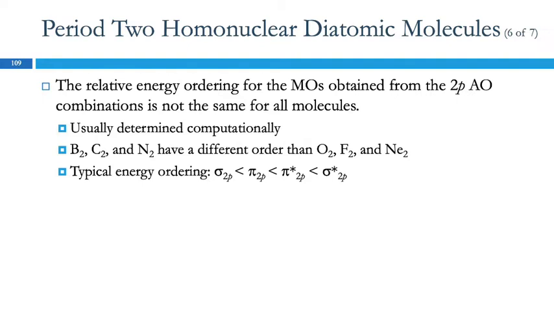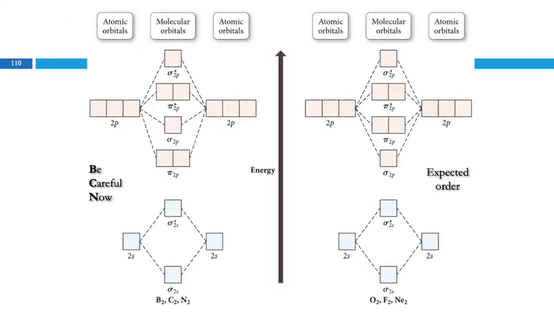For our purposes, boron, carbon, and nitrogen are going to be different than everything else. So this is what we expect, and this one is for boron, carbon, and nitrogen. So BCN, be careful now, this one's different, okay? But again, I'm not going to try to trick you with this on an exam. And I'm sorry it's like this, but it is.